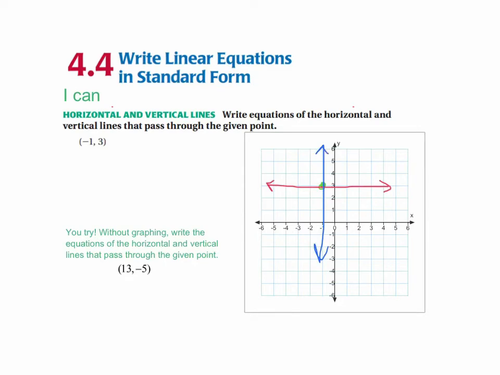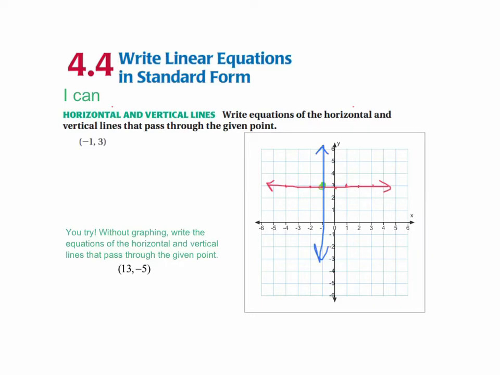Now, the horizontal line has zero slope. But what's its equation? What is special about a horizontal line? Well, look at all the points on this line and what remains constant. What never changes on this line?